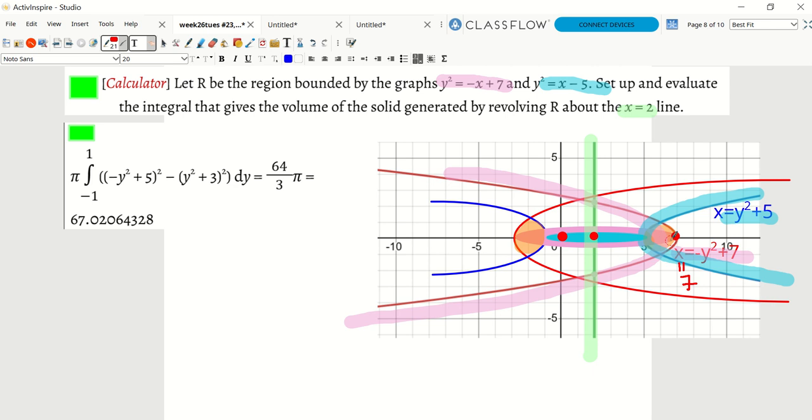The pink disk radius is going to be middle red to right red, which is 5, which is the x coordinate minus 2. And the x coordinate is the same as this function right here, so we're going to need to minus 2 to get the radius of the pink disk. So that is why this becomes negative y squared plus 5 for your radius of pink.